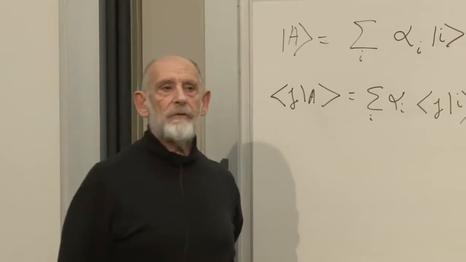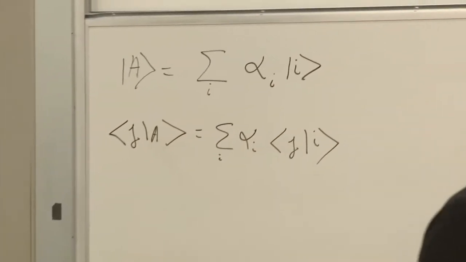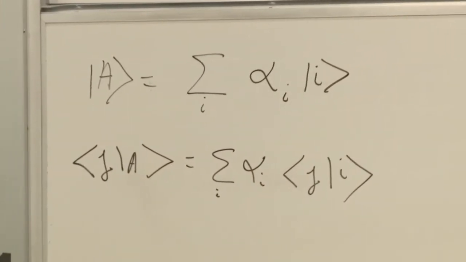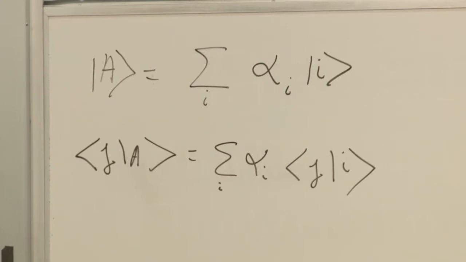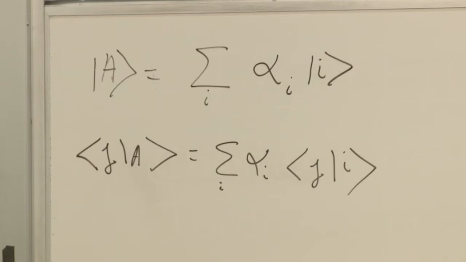But the inner product of the vector j with this vector i is either 1 or 0. It's 1 if i and j are the same vector, and it's 0 otherwise. Why? Because they're orthogonal if i is not equal to j, and they're normalized, namely of unit length, if i does equal j.